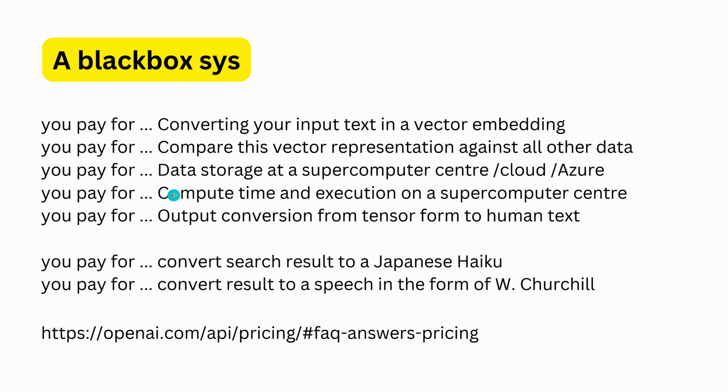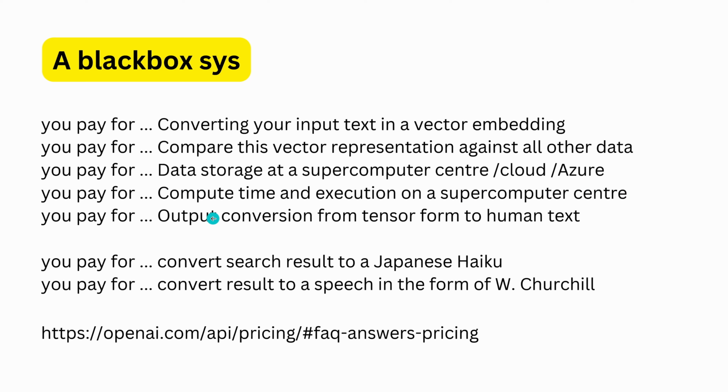And then the performance: as I showed you, the cosine similarity function, you compare your input against all the other input on the internet that has been digitalized and included into a vector representation of an LLM. My goodness, this is a main part here. You compare one tensor to, I don't know, 100 billion tensors.